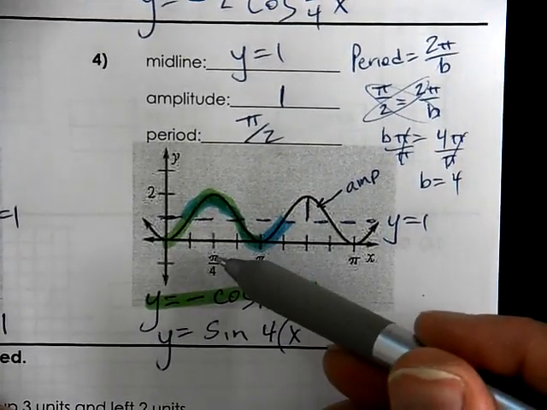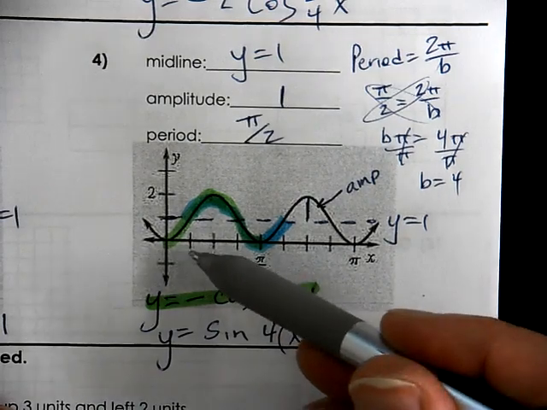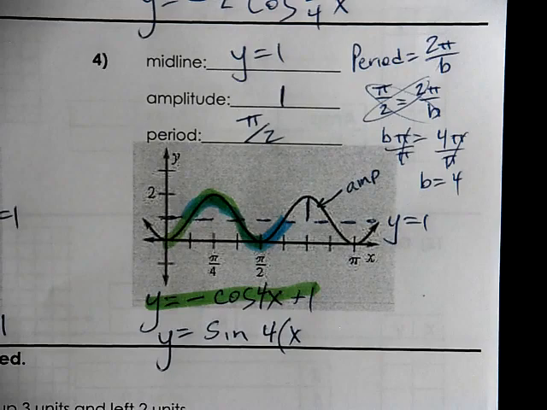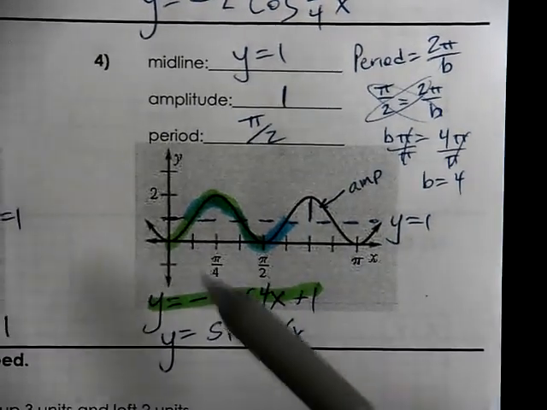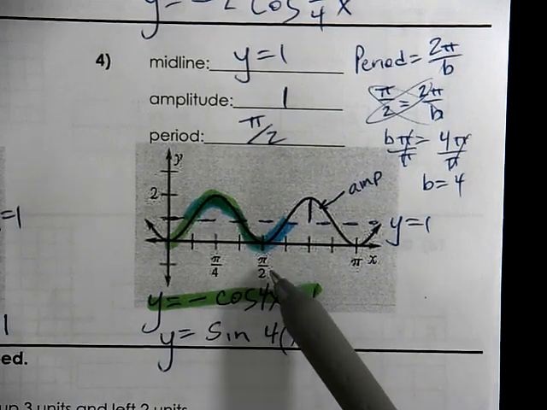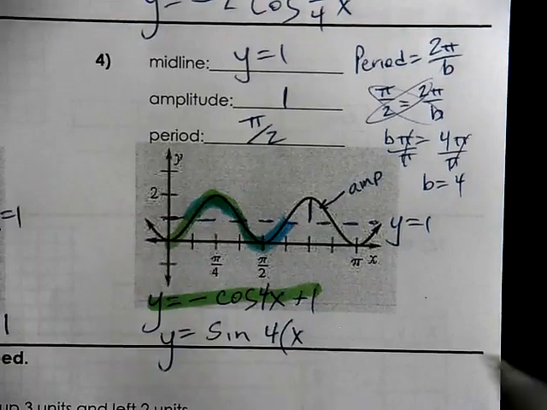Half of pi over 2 is pi over 4. Half of pi over 4, pi over 8. So if this was 1 over 8, this was 2 over 8, 3 over 8, and 4 over 8. That is reducing correctly.